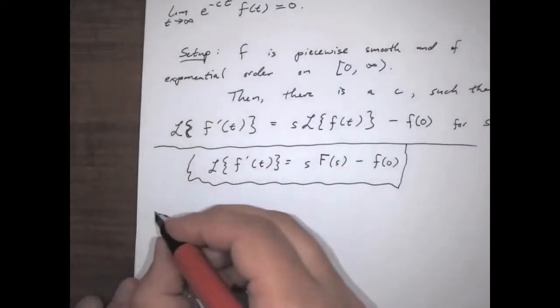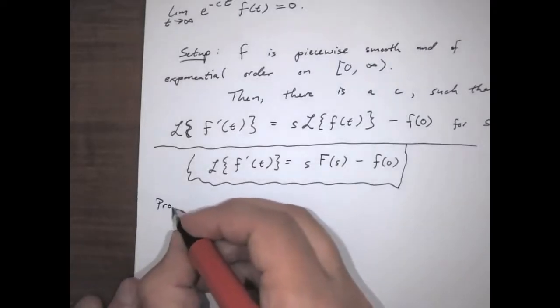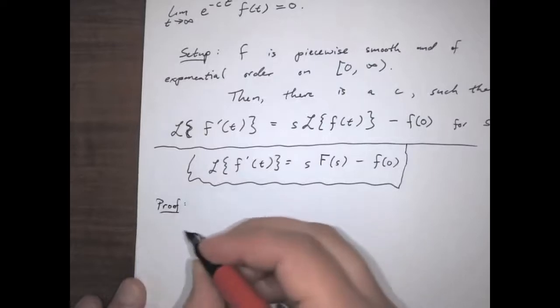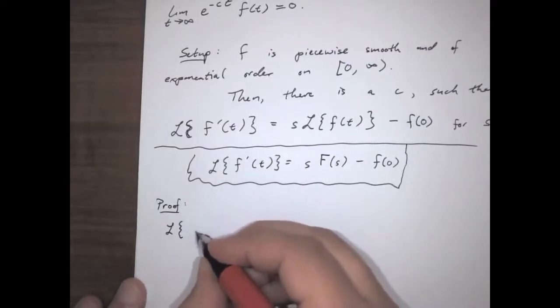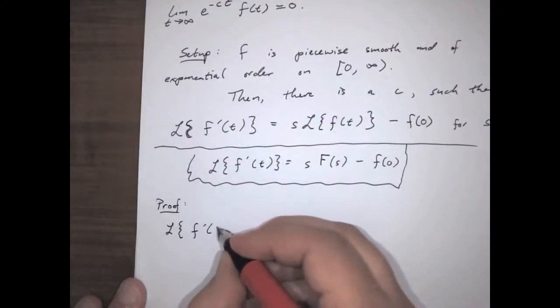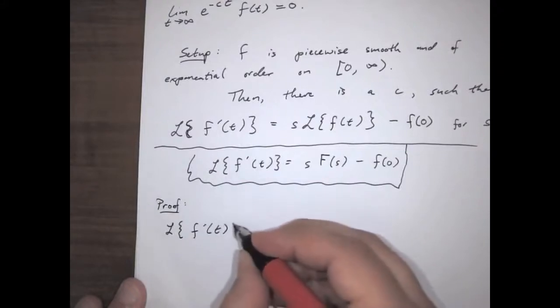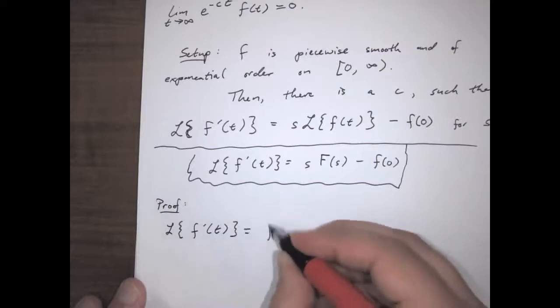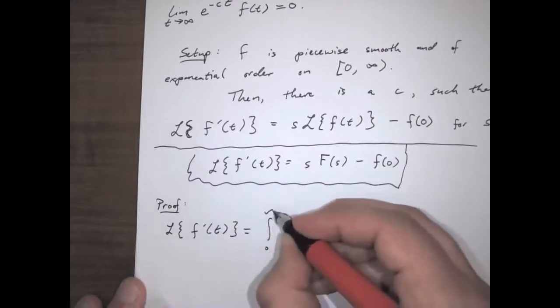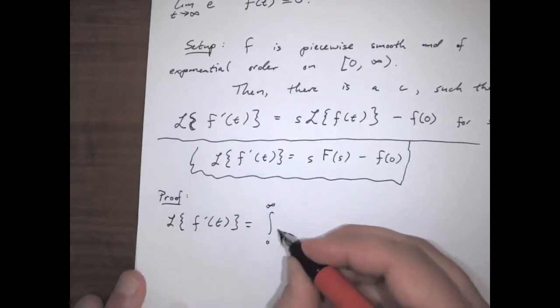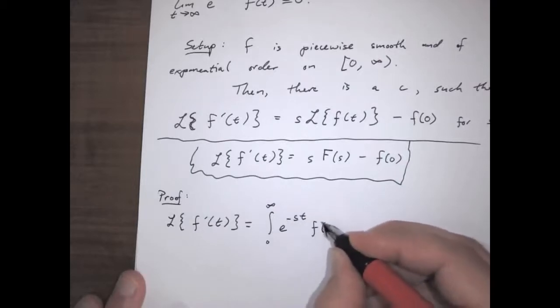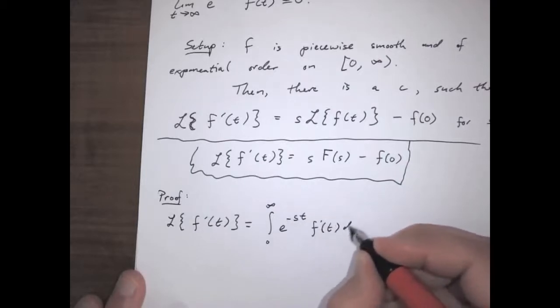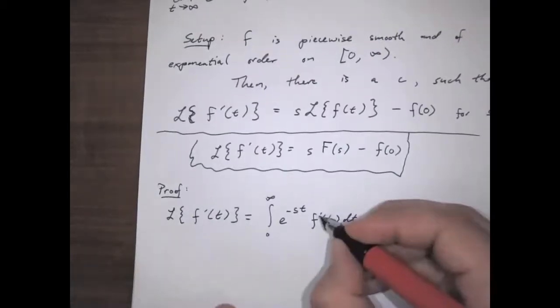Well, to prove this, let's have a look at what this actually would mean. The Laplace transform of the derivative f prime of t, by definition, is equal to the integral from 0 to infinity of e to the negative st f prime of t dt.